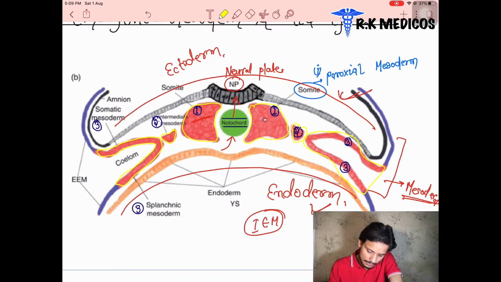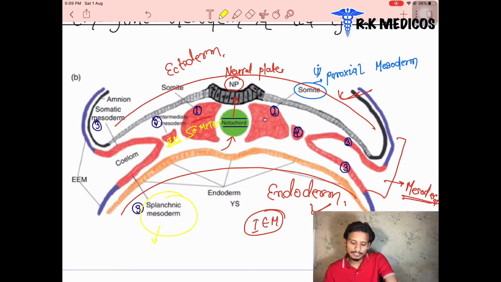The first one is named somites. The second one is called the intermediate mesoderm, and this one is called splanchnopleuric mesoderm.